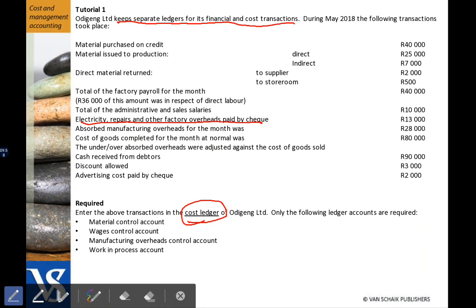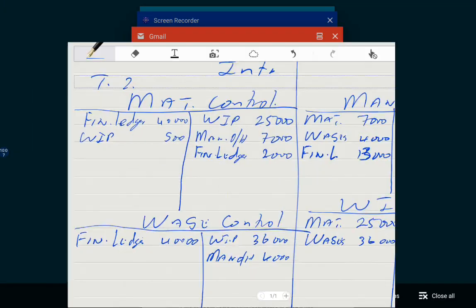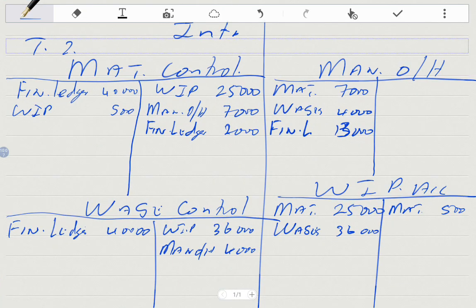Then absorbed manufacturing overheads for the month was 28,000. So that's what we're looking for. Remember, we said that to the work in process in respect of your manufacturing overheads, you take the absorbed amount. Sorry, I thought it's my manufacturing overheads account, this one.